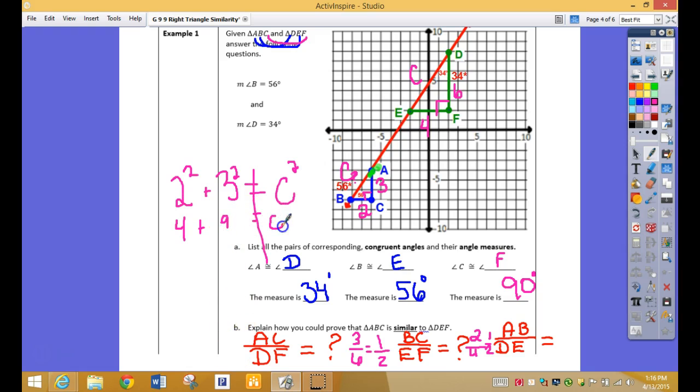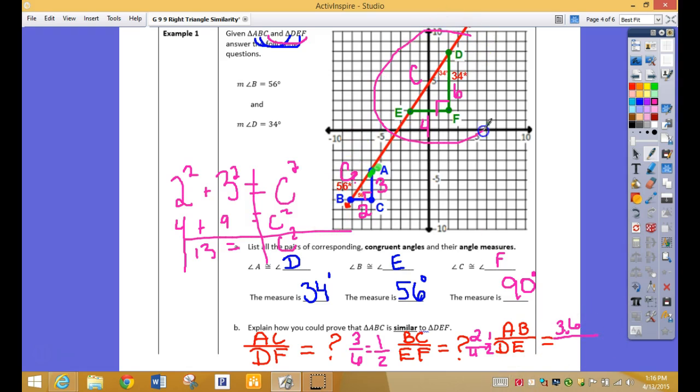That equals C squared. So 13 equals C squared. So is it 13? No, we need to find the square root of this. So on your calculators, 13, hit the radical sign. What is the square root of 13? 3.6. Excellent. So that's the length of AB. That's the ratio. So it's 3.6 to what?